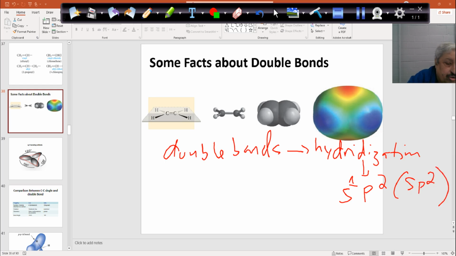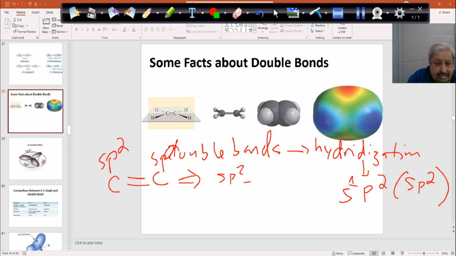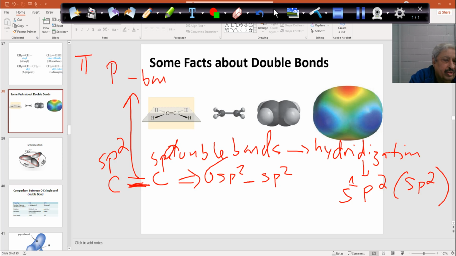If I have carbon here, this one is sp2 and this one is sp2, the hybridization between the two carbons to form this double bond. This is a sigma bond, sp2. The second one here is the pi bonding. So that's the bonding of the whole thing.